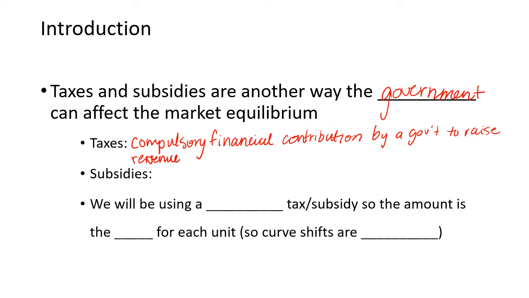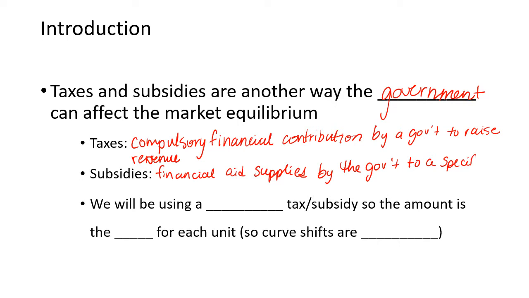A subsidy is the opposite of that. It's where the government pays you money. So this is financial aid supplied by the government to a specific industry. Many of you are benefiting from a subsidy, whether you know it or not.